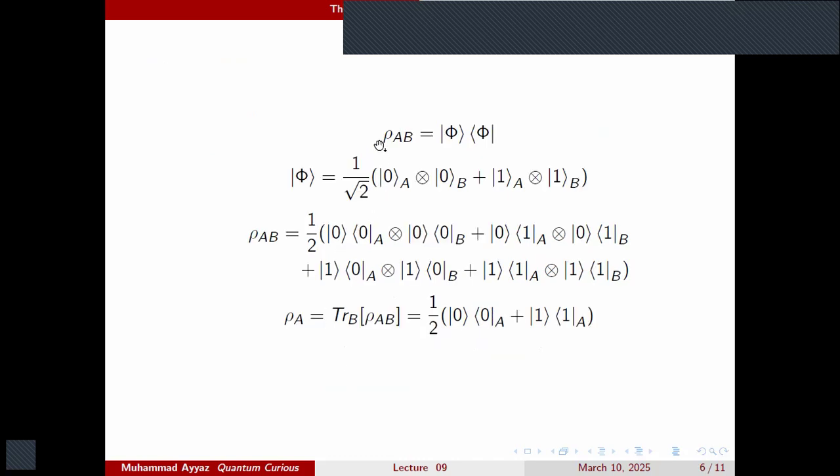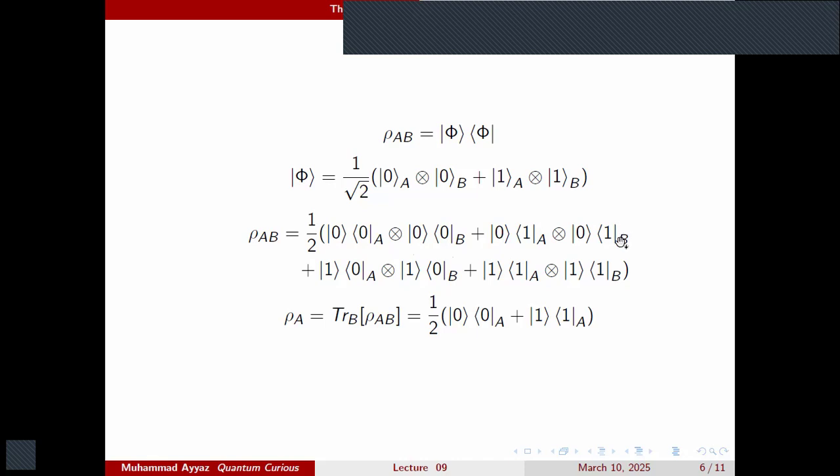Again, it is a much harder problem, and the joint state has a much more complex form. We have state ρ_AB, the Bell state, which is a maximally entangled state. Initially we cannot see how to obtain the reduced state of system A and system B. But taking the trace over B, or ignoring system B, we can easily calculate the reduced state of subsystem A. Taking the trace over B, we can simplify the whole process. Taking the trace over that quantity, it is going to be 1.